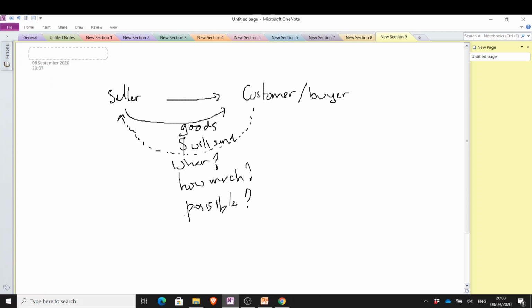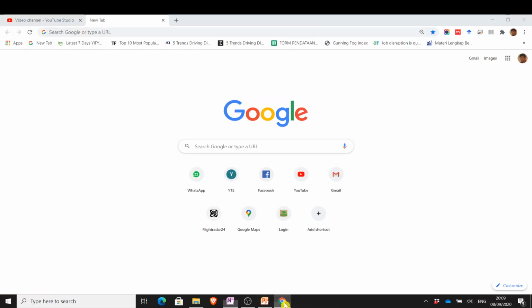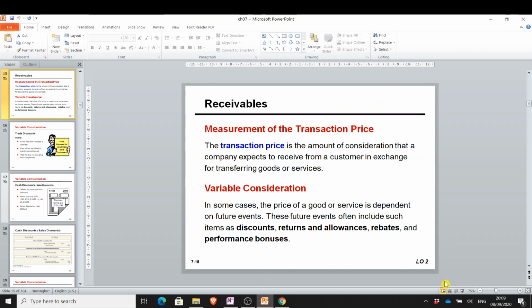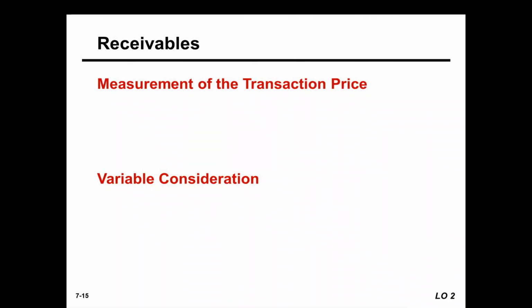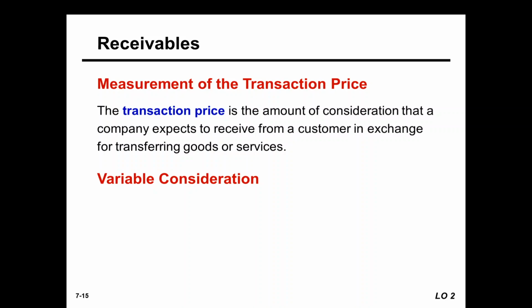If the goods were, let's say, $100, will the money also be 100 or below 100? So it is the question here when we measure the transaction price, because we expect to receive from a customer.